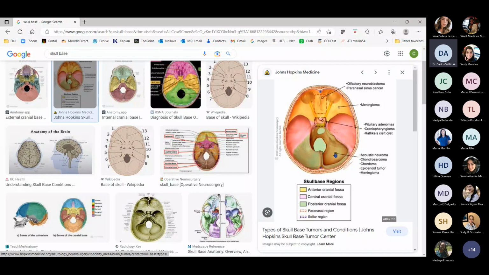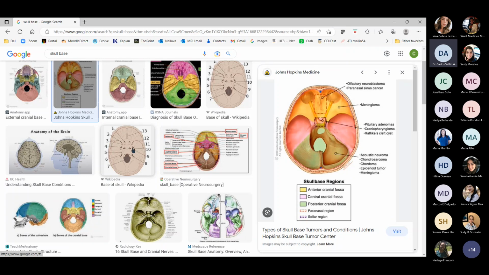This part is formed by the occipital bone. This part by the temporal bones. This part is formed by the frontal bones, and the center by the ethmoid and the sphenoid bones. Notice that it has a big hole for the spinal cord to leave, and many, many little holes for the cranial nerves to leave.